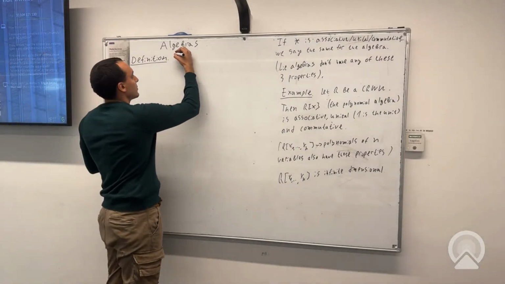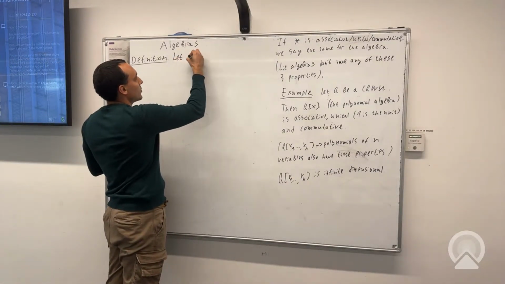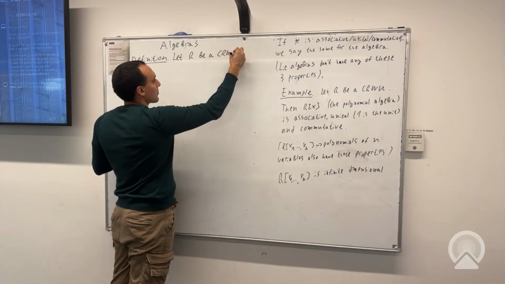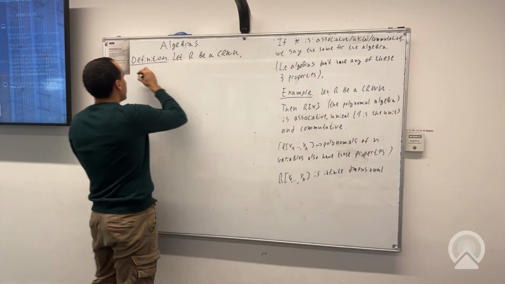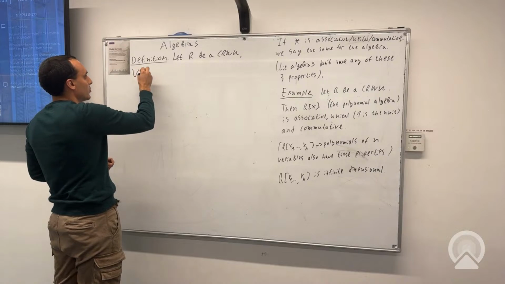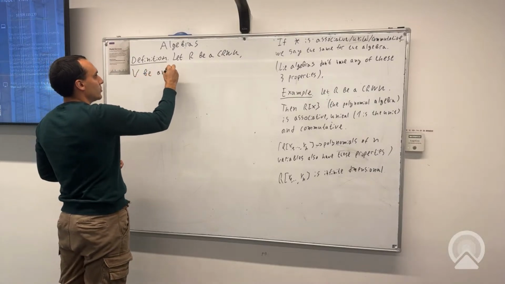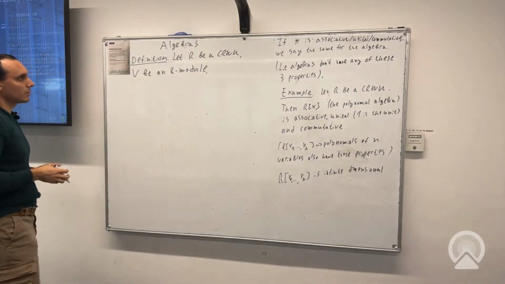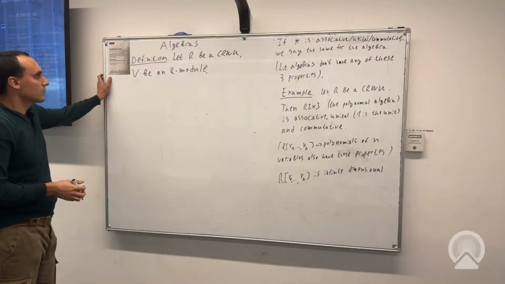So, start with a commutative ring with unity. Let V be some module, an R-module.